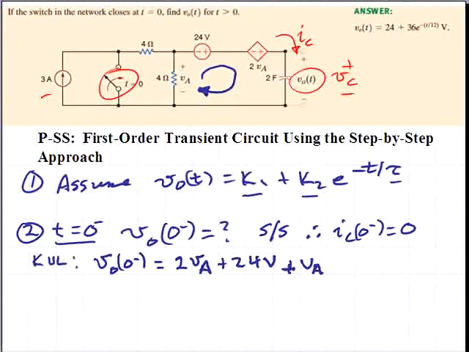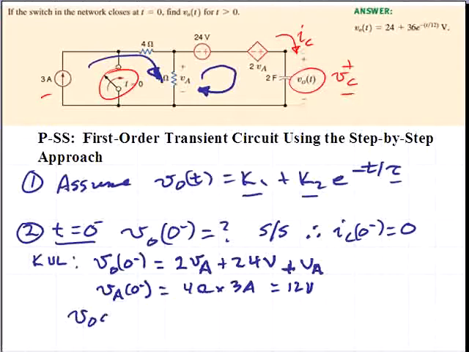And we recognize that the VA at 0 minus is caused by the 3 ampere source flowing through that 4 ohm resistor. So this would be 4 ohms times 3 amps is equal to 12 volts. Thus the VO at 0 minus will equal 2 times 12 volts plus 24 volts plus 12 volts, and that is equal to 60 volts.